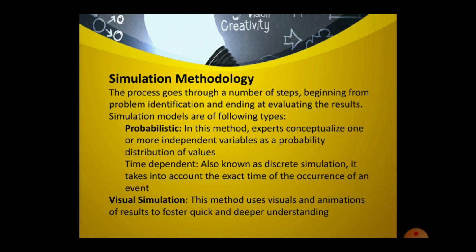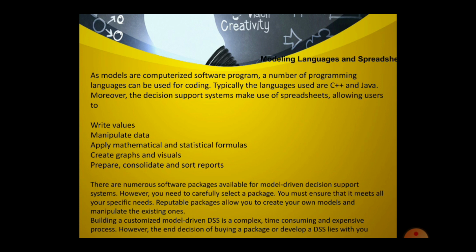Visual simulation. The next one is visual simulation. This method uses visuals and animation of results to foster quick and deeper understanding. Modeling languages and spreadsheets. As models are computerized software programs, a number of programming languages can be used for coding.